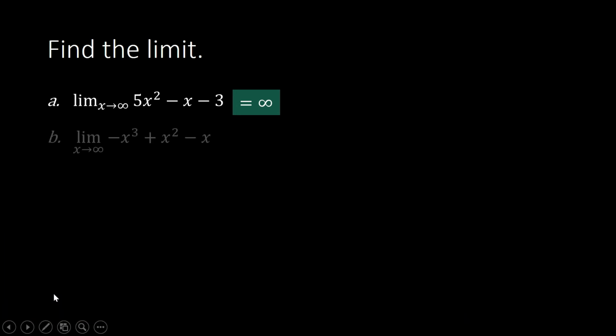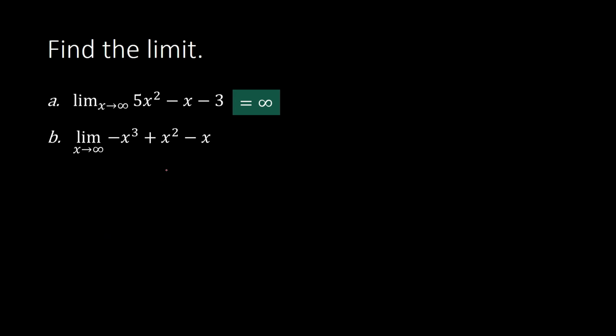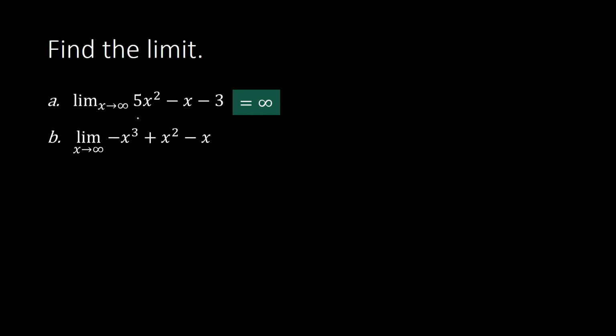How about this? Let us find the limit of negative x cubed plus x squared minus x as x approaches infinity. So what is the dominant term here? The dominant term here is this one, the leading term. And the limit of that as x approaches infinity is negative infinity.